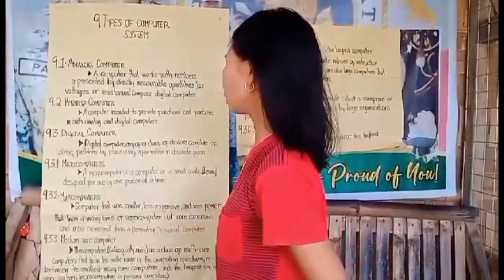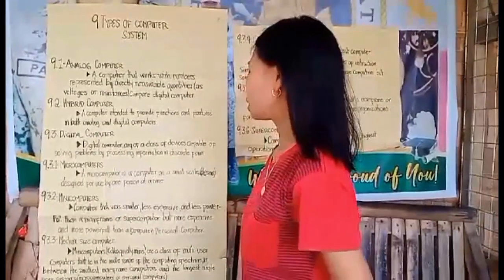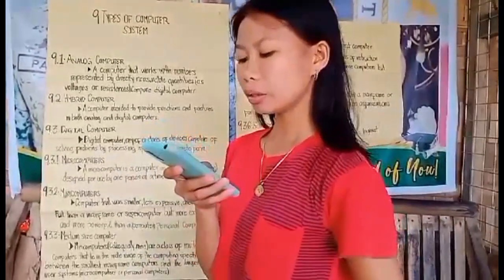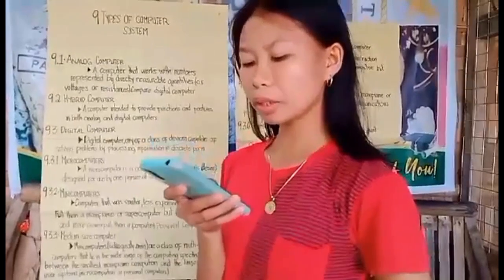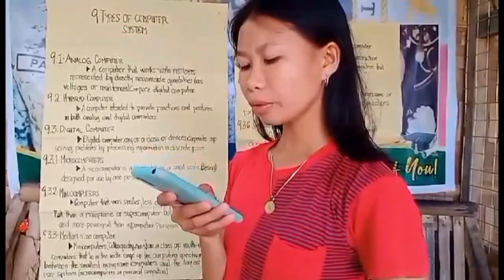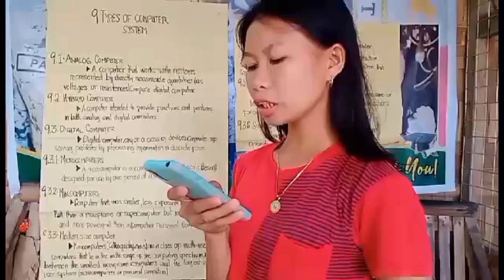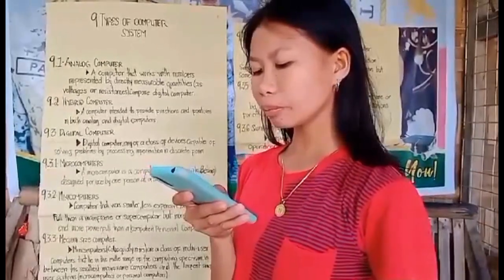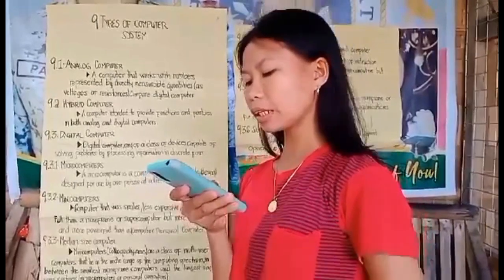Microcomputers. A microcomputer is a computer on a small scale designed for use by one person at a time. Now primarily called a personal computer or PC, or a device based on a single chip microprocessor. Common microcomputers include laptops and desktops.